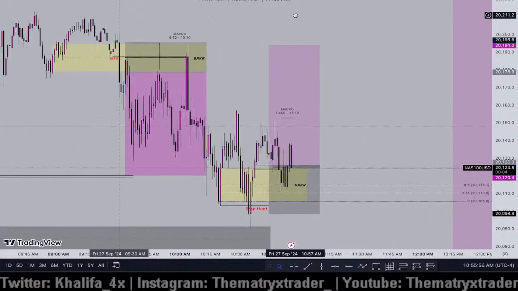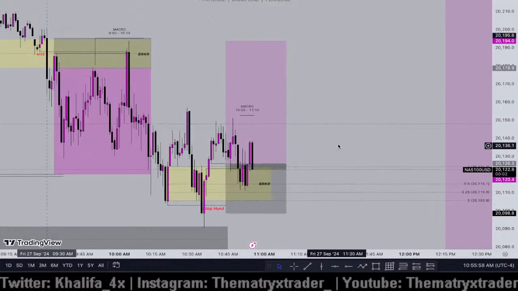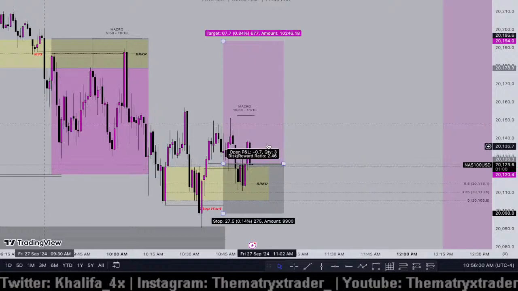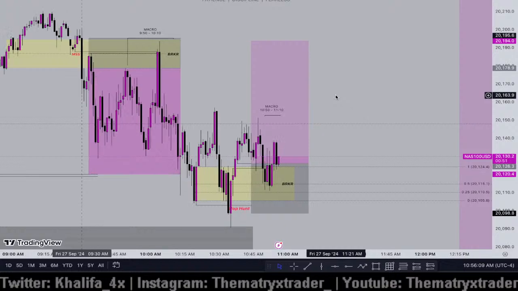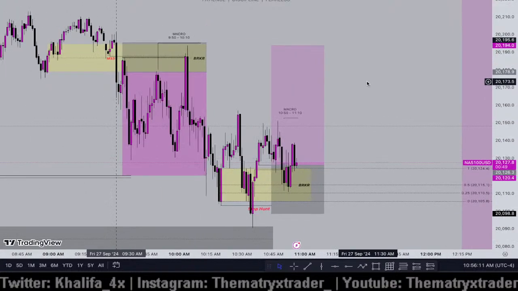Now, why I'm not so sure about this is because we don't have any proper market structure shifts or stuff like that. That's the reason. But let's see.